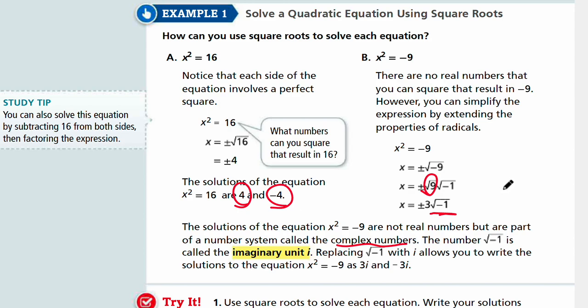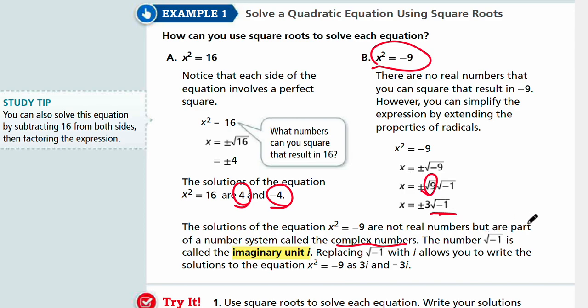The solutions are not real numbers, but we will see these types of problems where, when we solve for x, it's going to be a square root of a negative number, which is not possible in the real number system. So we're going to think about complex numbers.